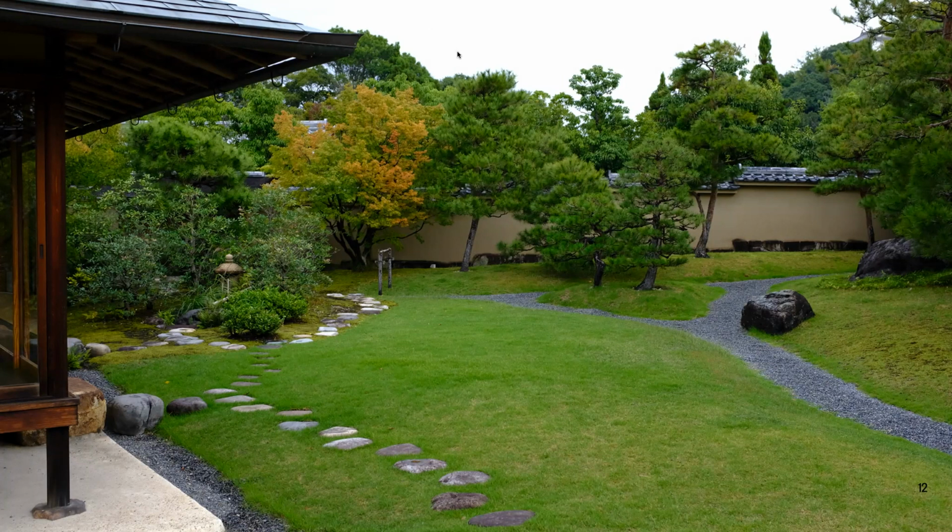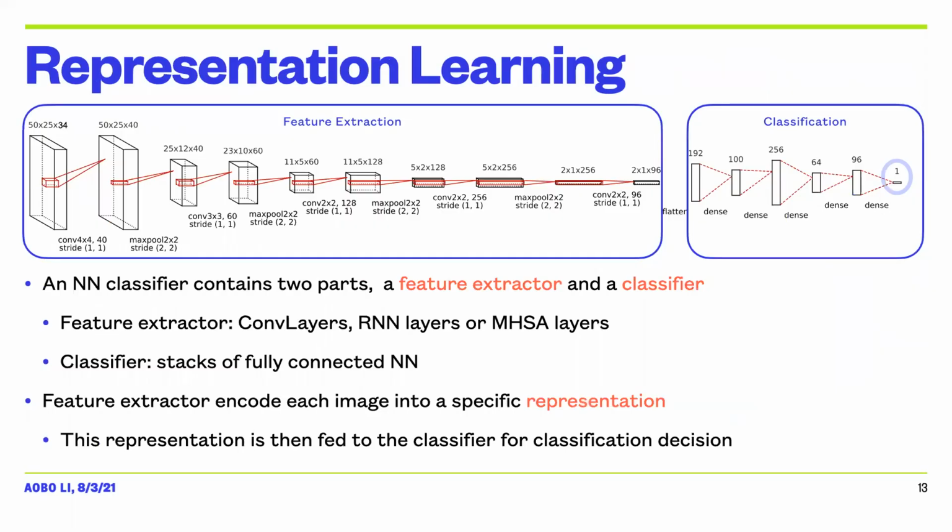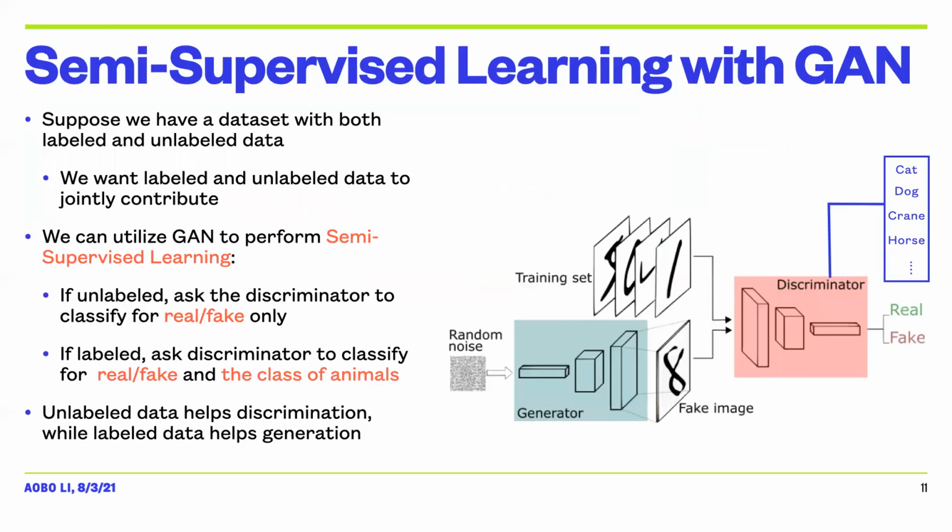So in this generative adversarial network, the hidden state distributions are predefined, right?